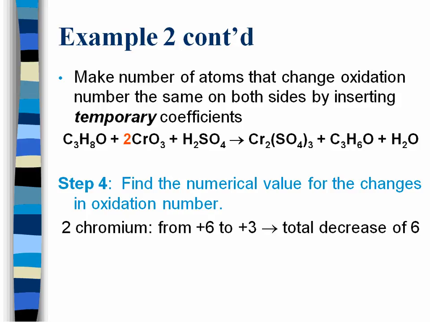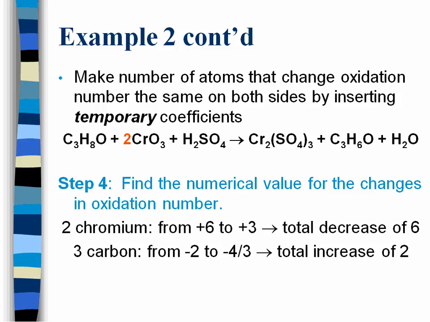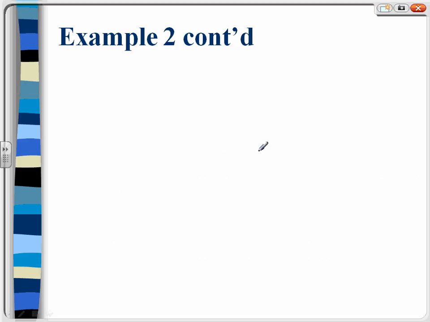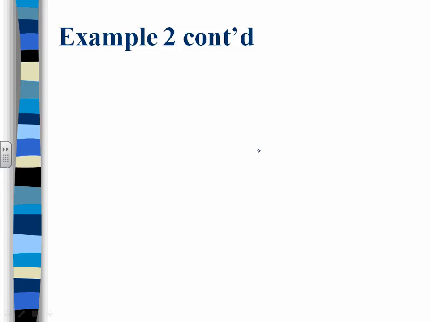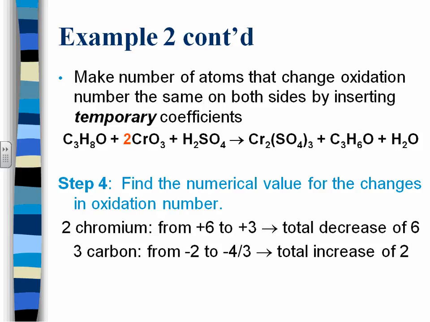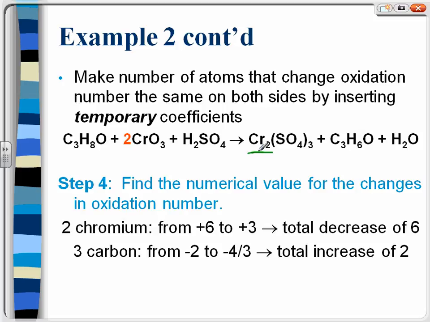So my chromium changes from +6 to +3. My carbon changes from -2 to -4/3. This is where you have to keep in mind that you've got more than one element within a compound. So I've got 2 chromiums here and only 1 chromium there.